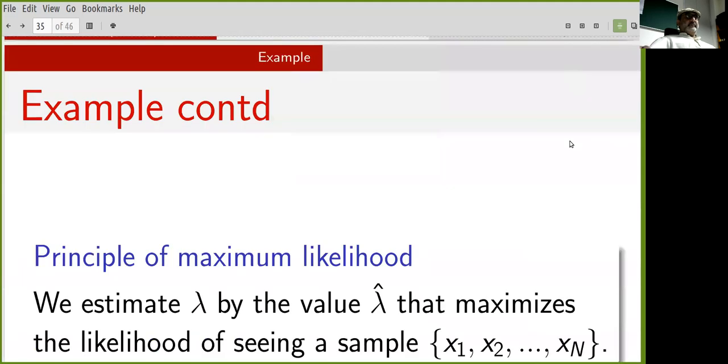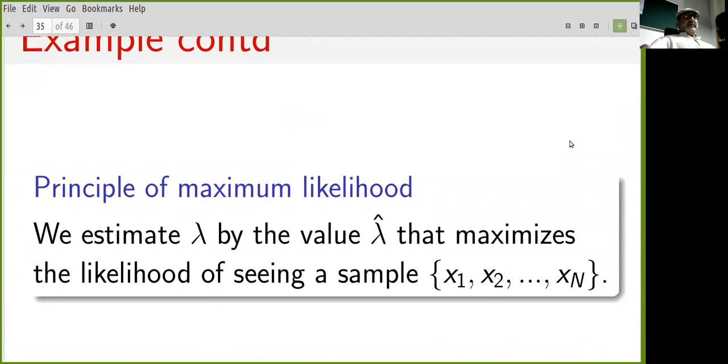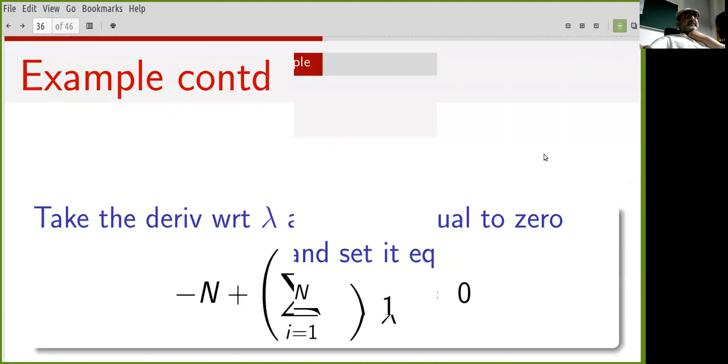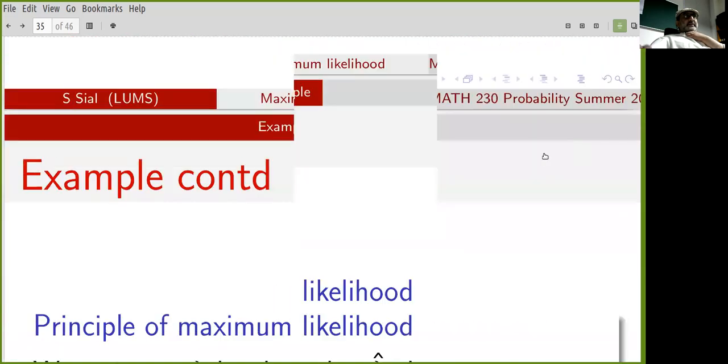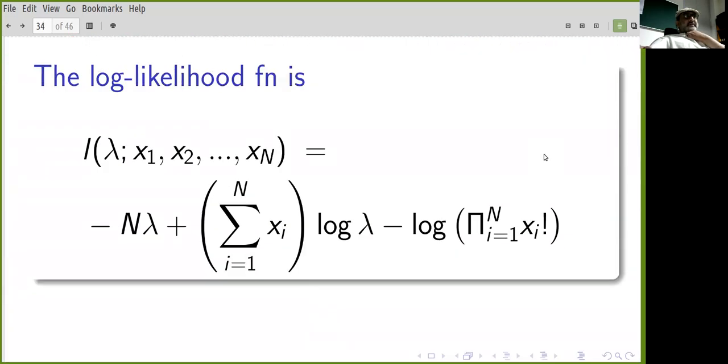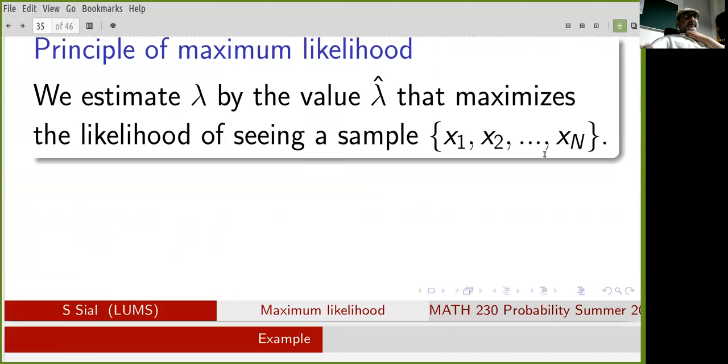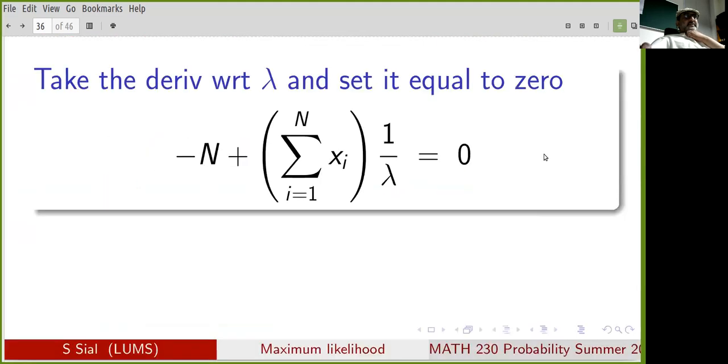Now we want to maximize the likelihood of seeing that exact sample. We're going to estimate lambda by some lambda hat. Now this is a function of lambda, so we take the derivative with respect to lambda, and we set it equal to 0.